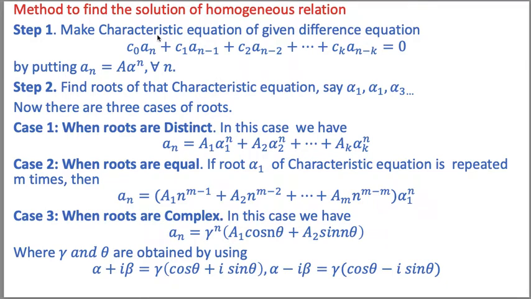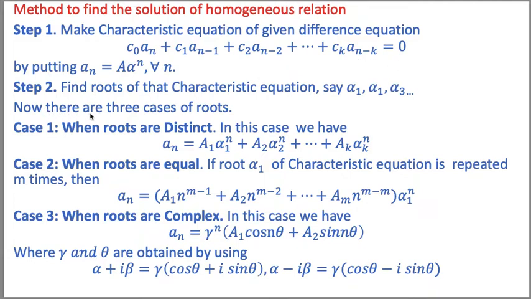So first of all, we will make the characteristic equation of this difference equation or recurrence relation. For this, we will substitute an equal to a raised to power alpha n. Then we will find the roots of the characteristic equation. Suppose the roots of this characteristic equation are alpha 1, alpha 2, alpha 3 and so on.